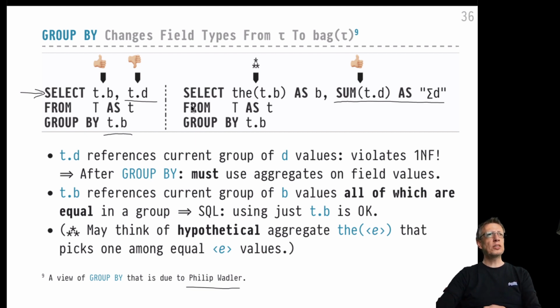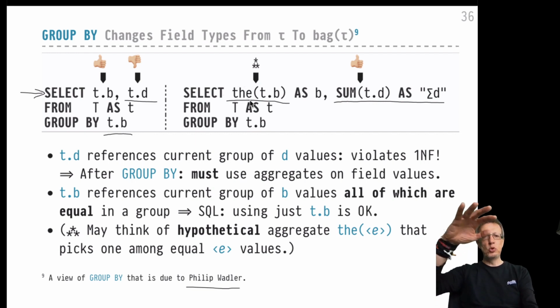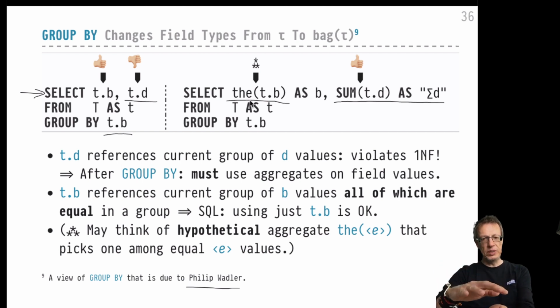I think semantically, the proper way to express this would be a pseudo aggregate. Let me repeat, that's not part of the SQL language, but it should be or could be part of the SQL language. We could have a pseudo aggregate here that says, hey, take all these identical TB values and reduce them to one single representative TB value. This would reduce a bag of TB values to a single TB value that we can place in the table cell.